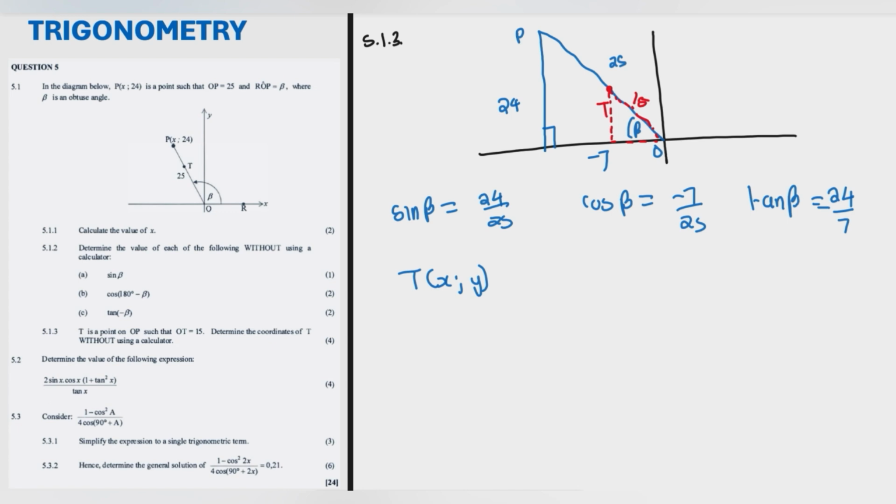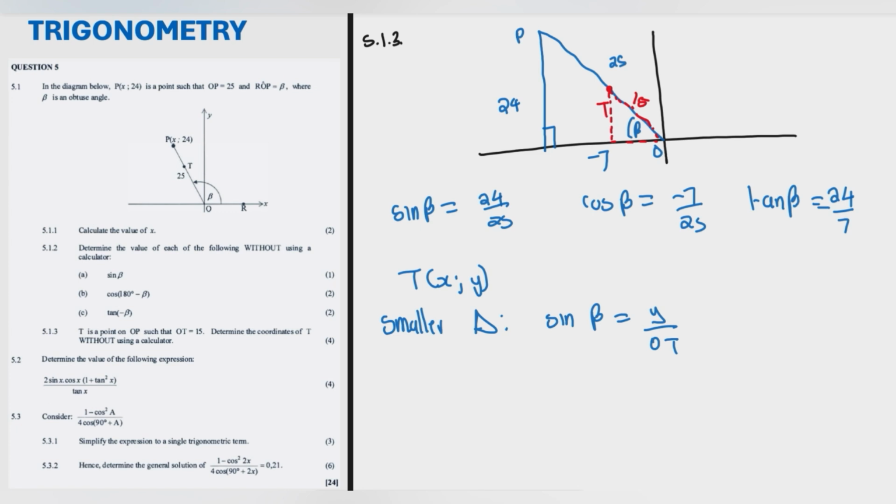So that means that we have to define our equation. Defining our equation, we can use any of the trigonometric ratios that we have above. Using the smaller triangle, if I want to find my y, sine of beta is equal to y over OT, which is your hypotenuse.